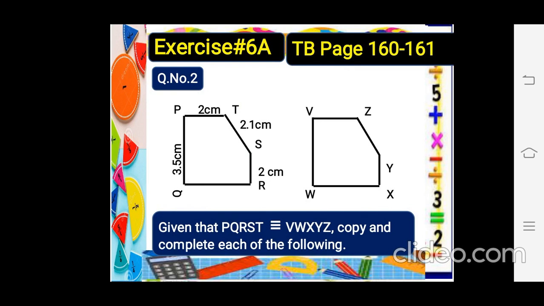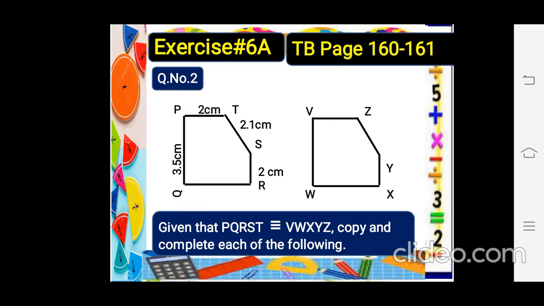PT equal to VZ, PQ equal to VW, TS equal to YZ, RS is equal to XY, angle PQR equal to angle VWX. Given that PQRST is congruent to VWXYZ.